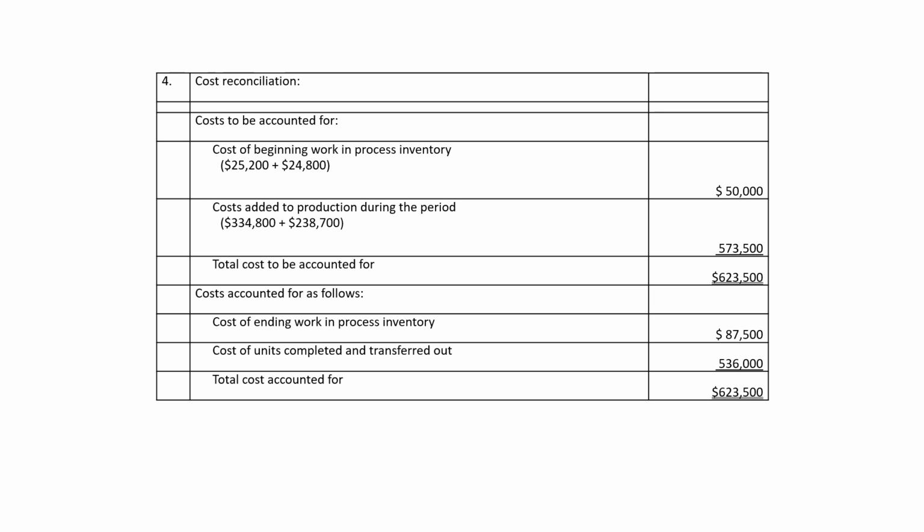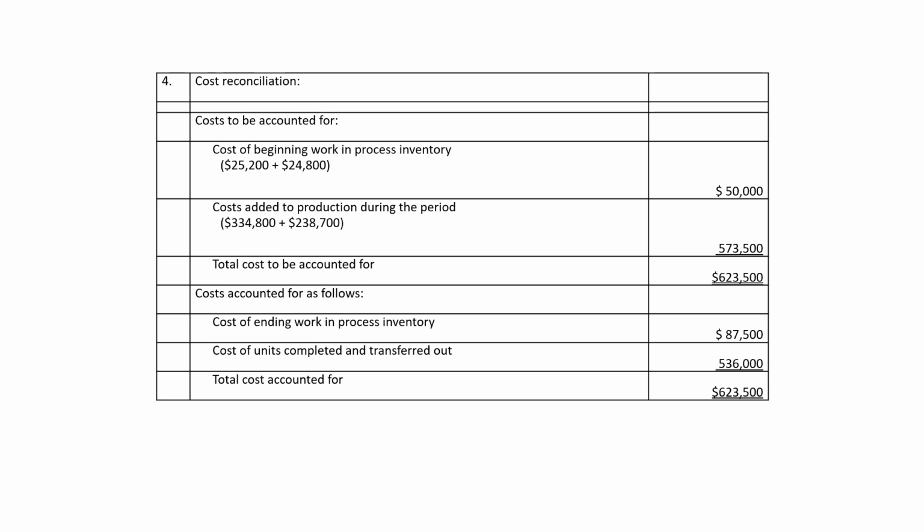Finally, we do a cost reconciliation. In the cost reconciliation, we want to prove that actual costs agree with what we have assigned to ending inventory and the transferred inventory. So the cost of beginning work in process from your book was the $25,200 for materials, $24,800 for conversion, total of $50,000.